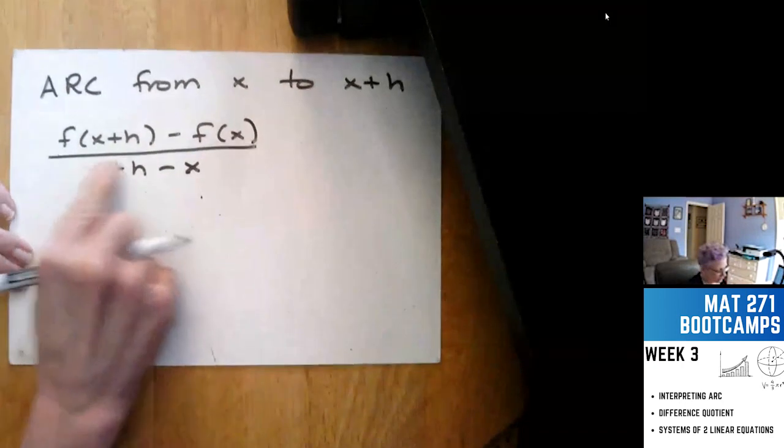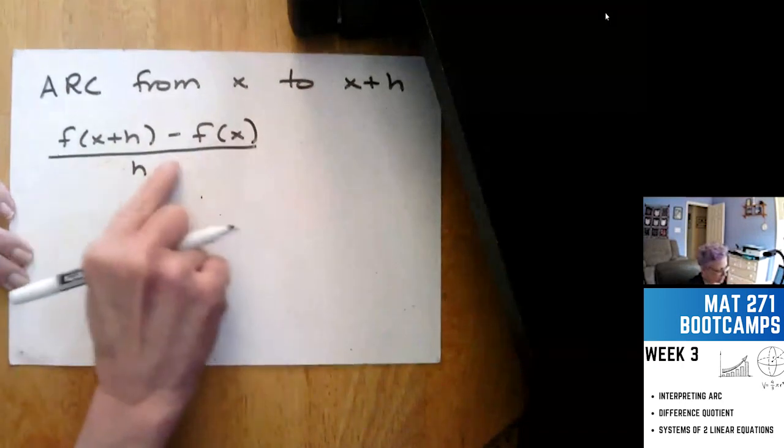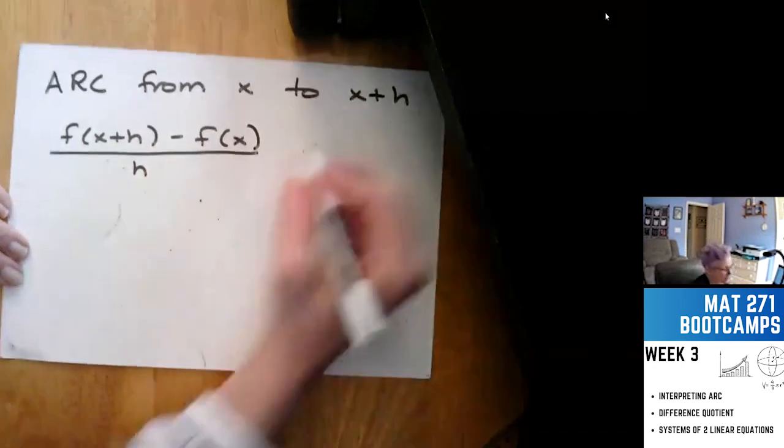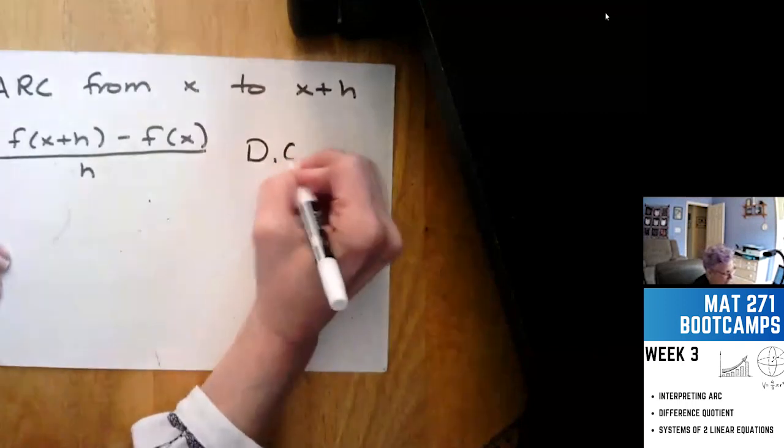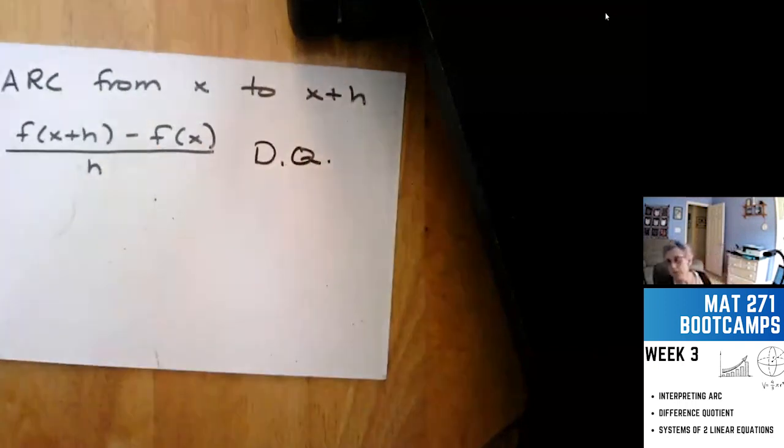Well, x minus x goes away, and this is your difference quotient. So we take the limit as h approaches 0, and that gives us our derivative.